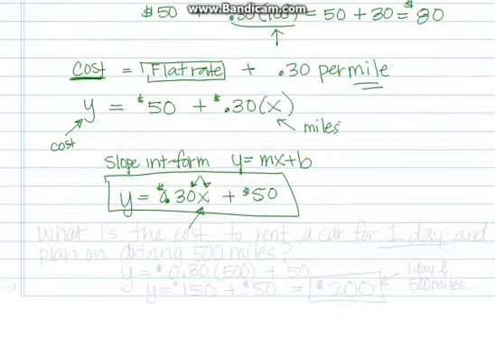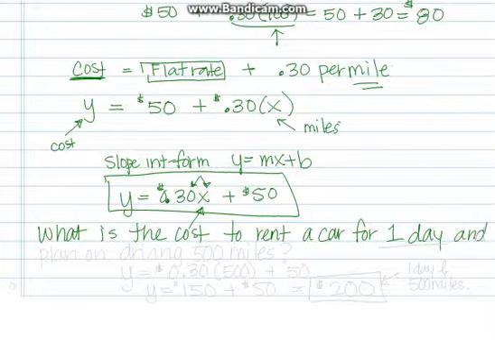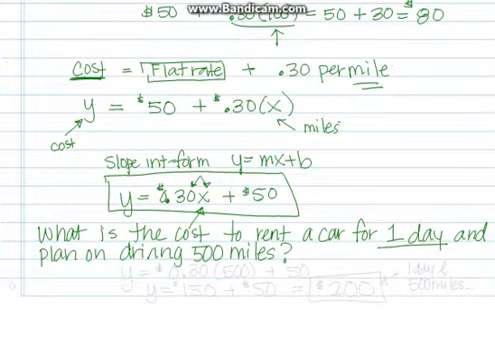So let's suppose that you want to know what is the cost to rent a car for 1 day, and you plan on driving 500 miles. We know we're talking about 1 day, so we have our flat fee of $50. We know that we pay 30 cents for every mile.